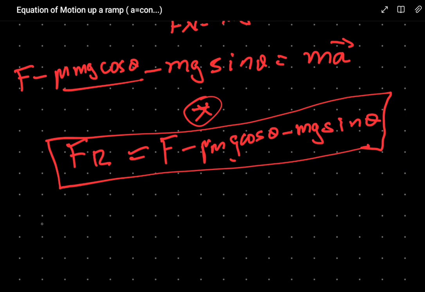For a ramp with the mass accelerating upward, we need the expression for the normal force. The normal force is equal to the cosine component of the weight.